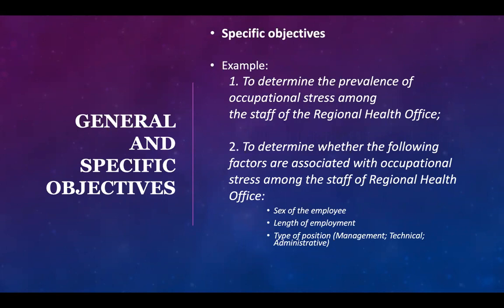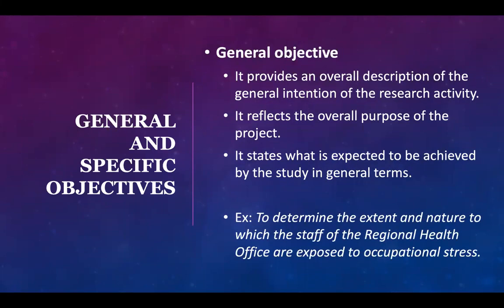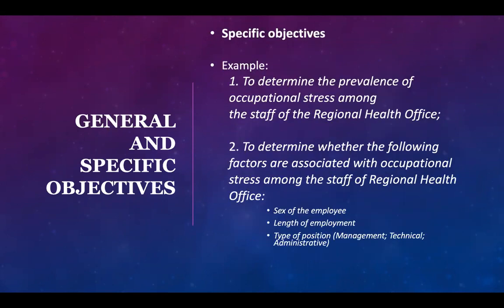So say for example, our general objective earlier is to determine the extent and nature to which the staff of the regional health office are exposed to occupational stress. With this general objective, we can have two specific objectives. One, to determine the prevalence of occupational stress among the staff of the regional health office.